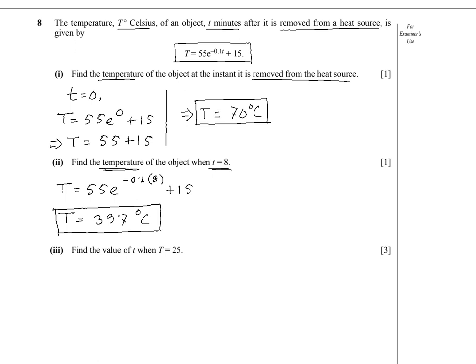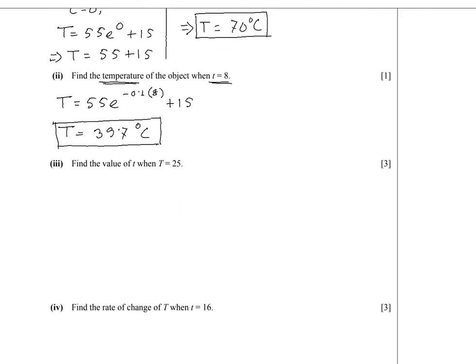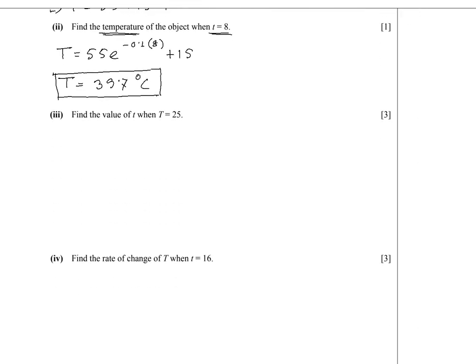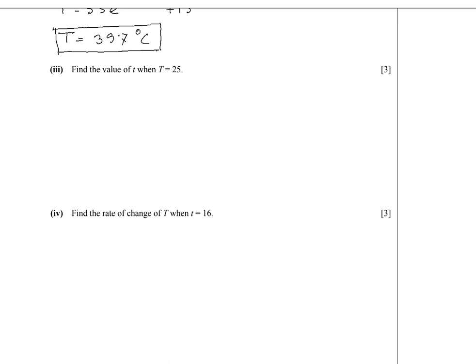So the second part of the question is done. Now for the third part of this question, we need to find the time required for the object to reach the temperature of 25 degrees Celsius. So using temperature equal to 25, we can write 55 times e to the power minus 0.1t, plus 15 equals 25.